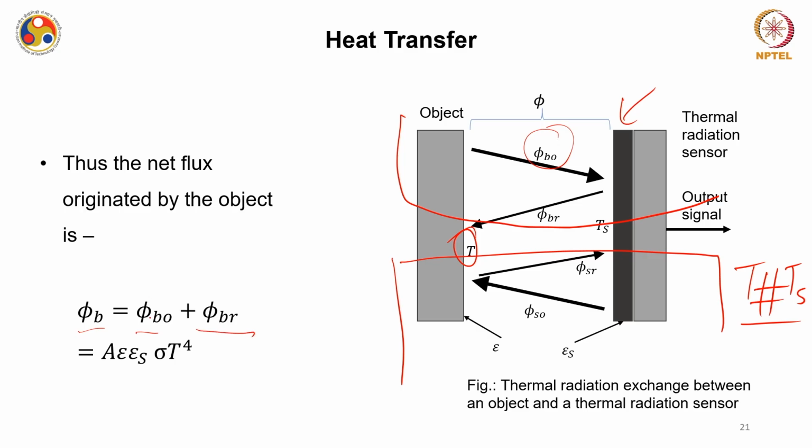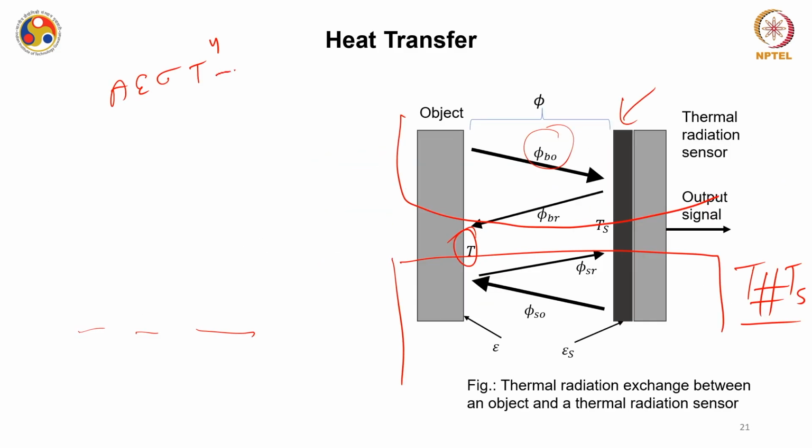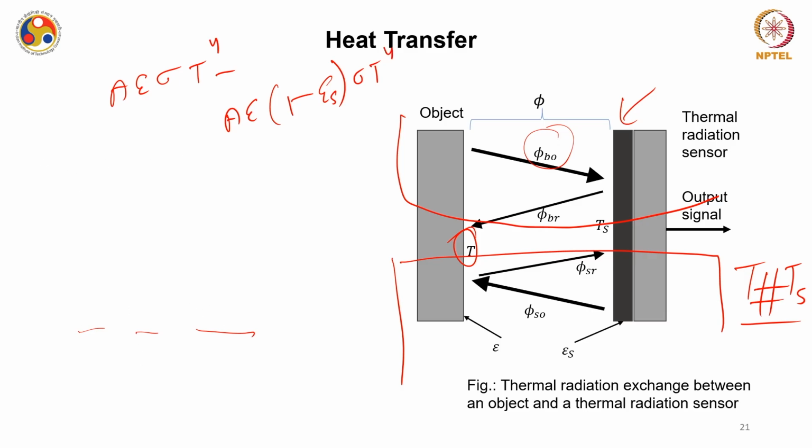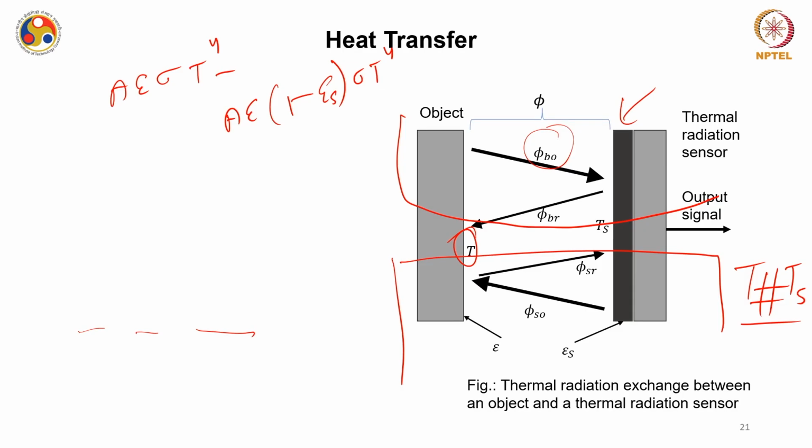So phi b naught I already know is a epsilon sigma T to the power 4, and this minus a epsilon into 1 minus epsilon s into sigma T to the power 4. This is the equation of total flux, the total flux generated at the object if I take into consideration the reflected thermal radiation from the sensor surface.